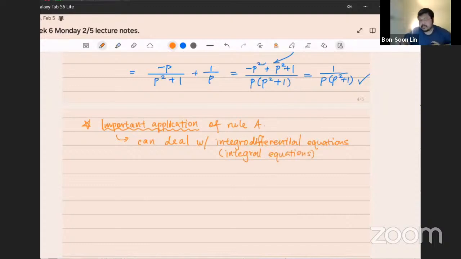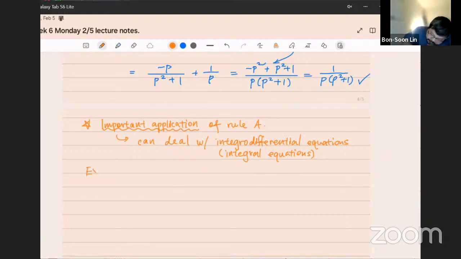Just like a differential equation is an equation with derivatives, integral equations are equations with integrals, for an unknown function y. Let me give you an example of this, and we'll see why we can use this.